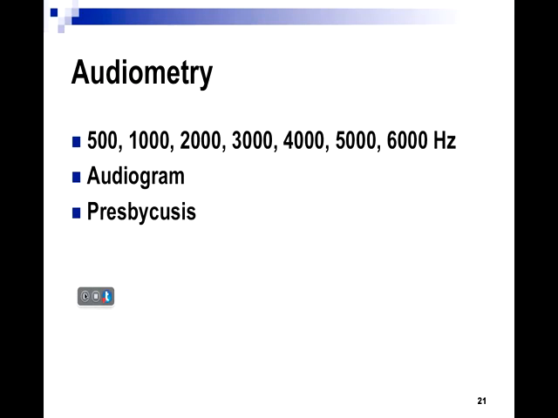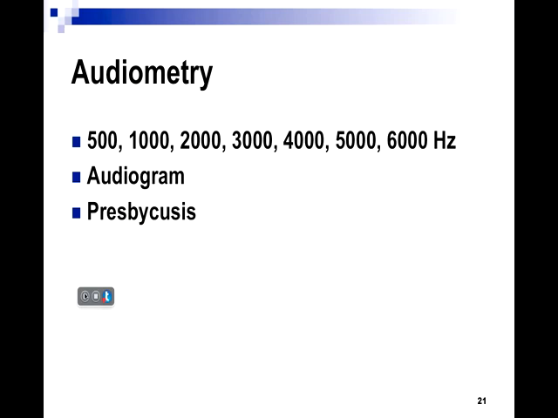So you'll sit there in the booth, and the technician will start the test, and they'll put out a sound tone at 500 hertz, and they'll wait to see where you can hear it. So they'll start turning the dial up, and once you get to the point where you can hear it, you'll raise your hand, and they'll write down that you've been able to perceive 500 hertz at so many decibel levels, and they'll repeat that throughout the spectrum.